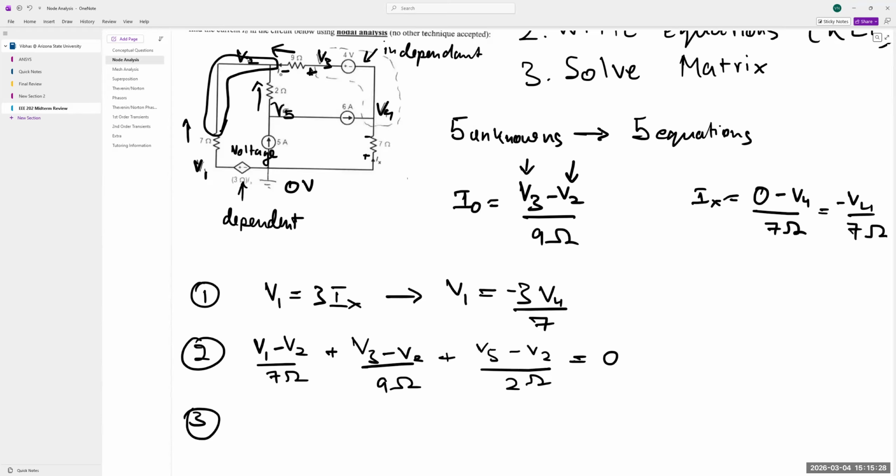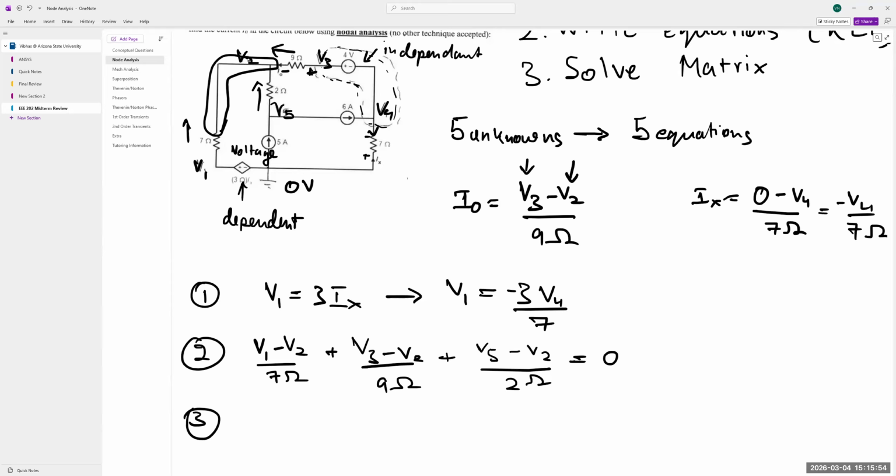An independent source has an unknown amount of current flowing through it. We can never know how much current is flowing through the independent source. So we're going to make this surface contain both V3 and V4, the nodes on either side of the independent source, merged into one, and we call this a supernode.